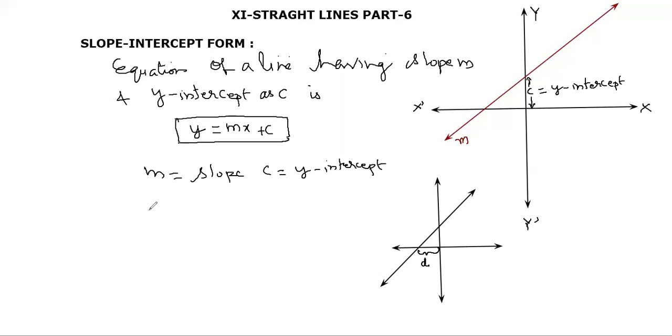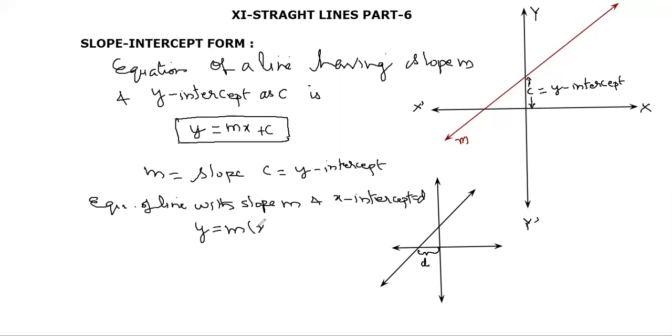So then in that case, the equation of a line with slope m and x intercept d will be y is equal to m into x minus d. Equation will be y is equal to m into x minus d.